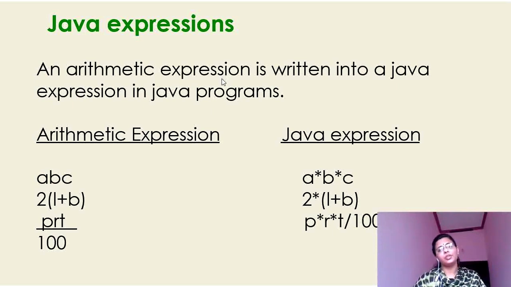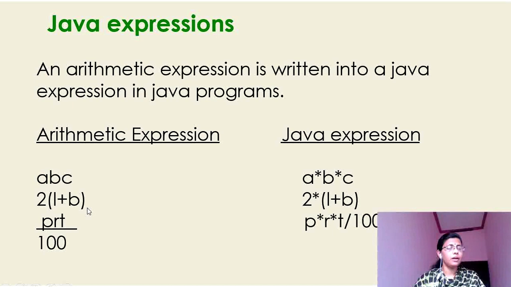That expression we call a Java expression. For example, in maths you write ABC, right? Actually, what is ABC? This is nothing but A into B into C. You cannot write it like this in your Java program. You have to write the operators very clearly: A * B * C.